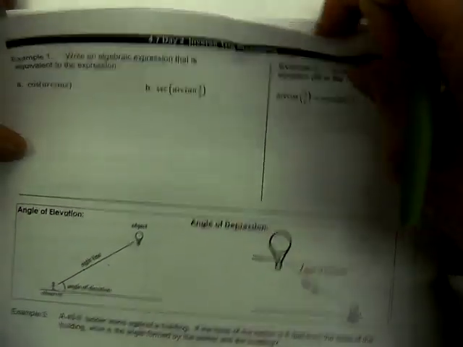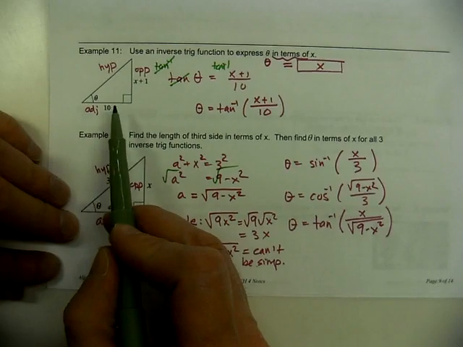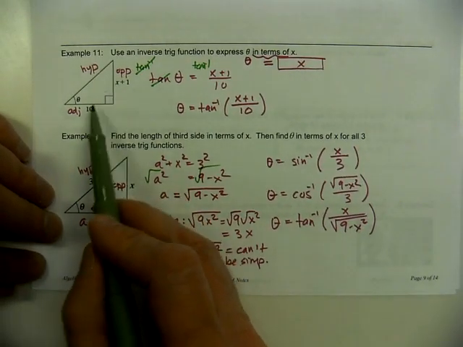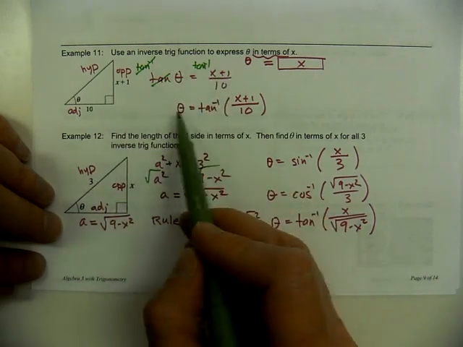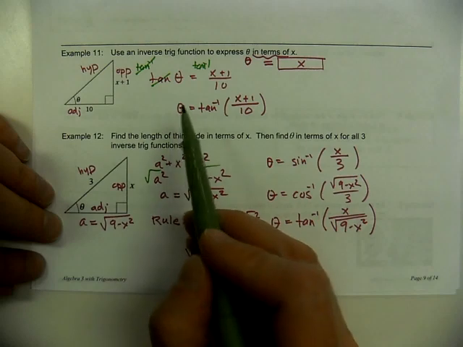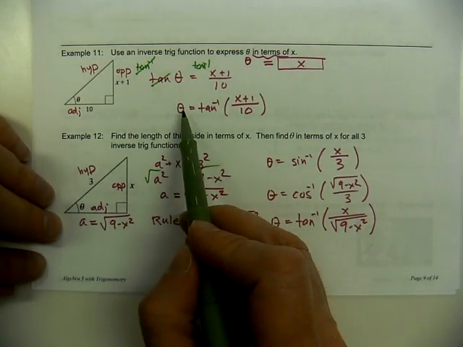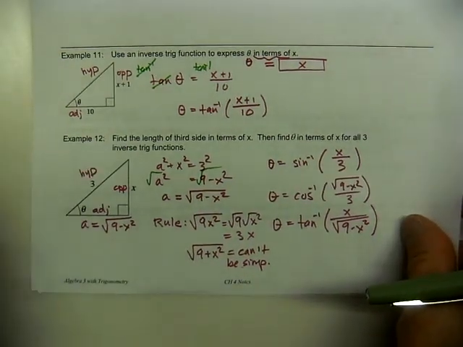If we back up to the previous day of notes, you'll see that we had some examples where the diagrams were already provided to us, and we could set up a ratio of two sides to create that ratio and then even represent that so that the reference angle was isolated. That's our inverse trig function right there, right? And so what we're going to do is the same thing, but we have to create our own picture this time.